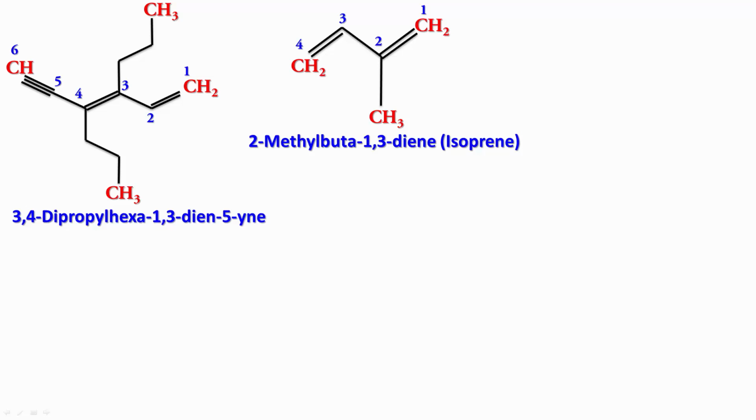Now let's talk about situations when the branching itself contains double and triple bonds. So if the branching itself contains double or triple bonds, then it goes like this. Now we know that if it is a branching of a saturated carbon, we remove alkane A and E and put alkyl.